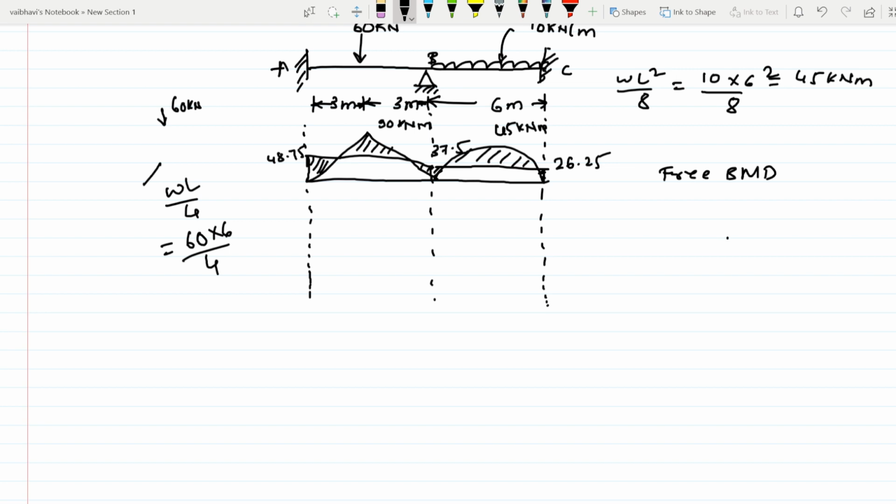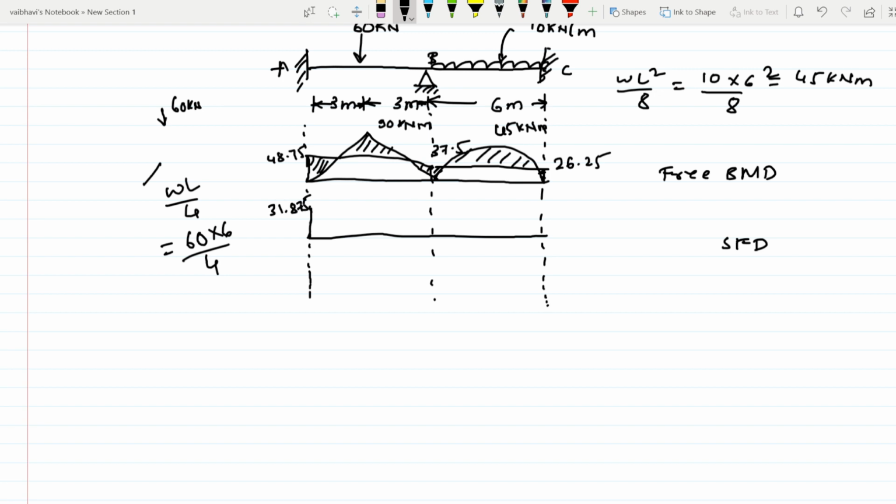Now next is the shear force diagram. First, the RA value, what we have got, RA value is reaction 31.875.